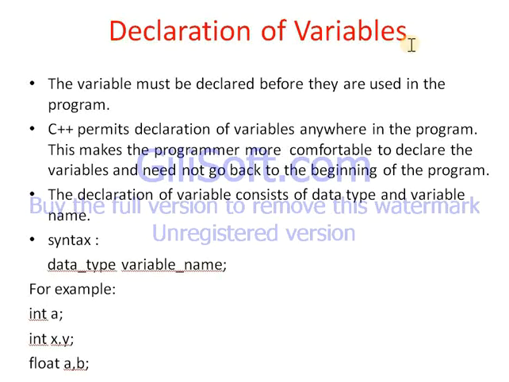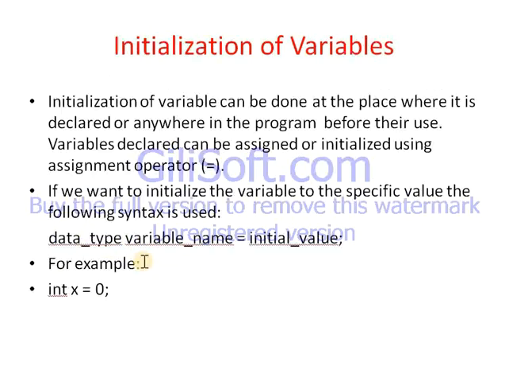For defining any variable, the syntax is: first you specify the data type, then you give the variable name. Then we saw how to initialize a particular value to a variable by using the assignment operator. You can assign a particular value to the variable.